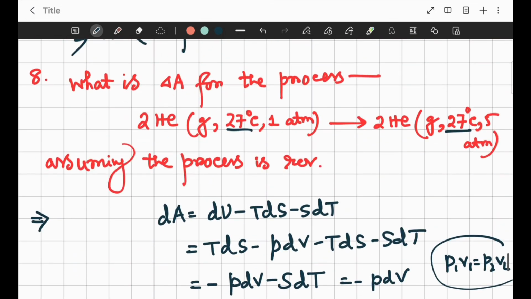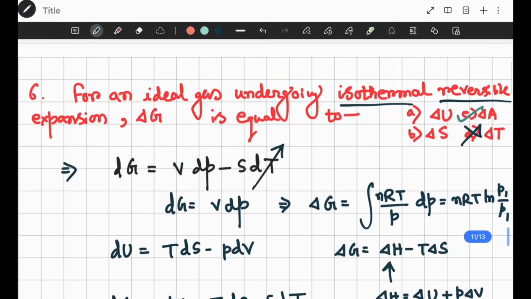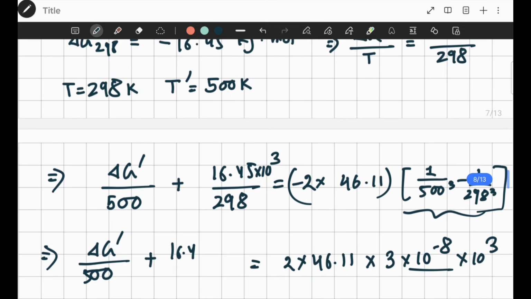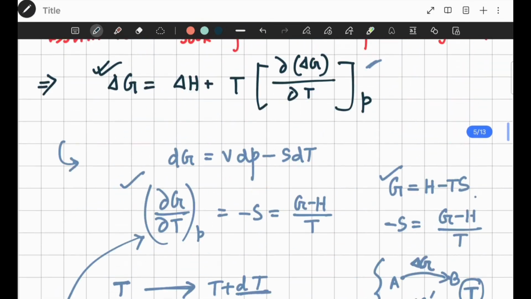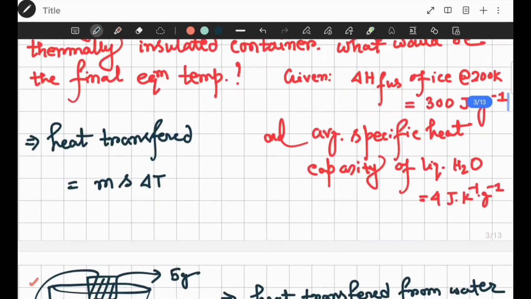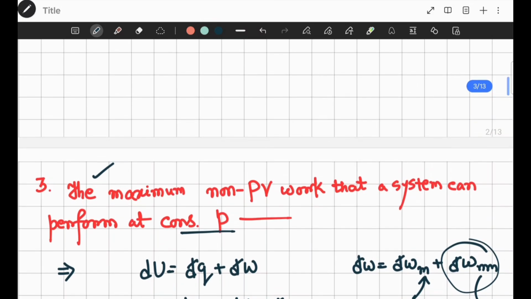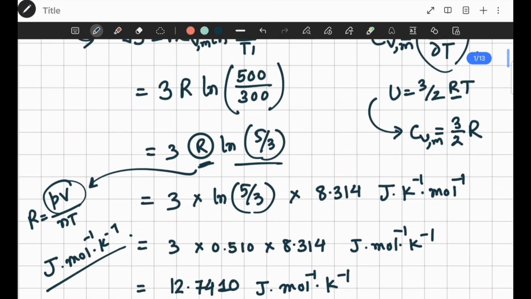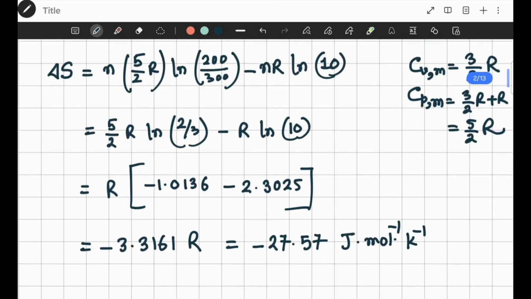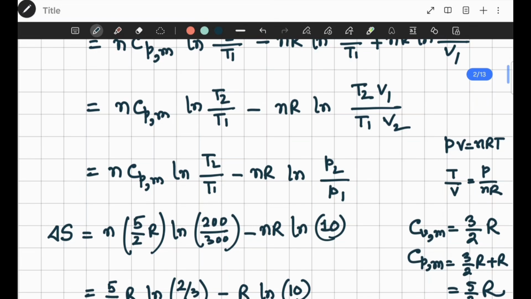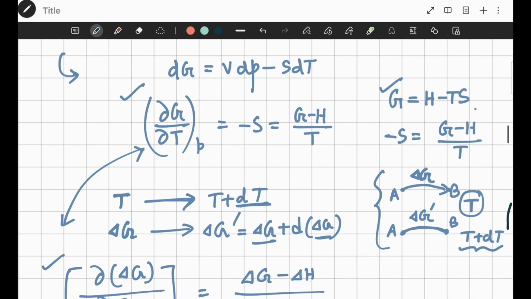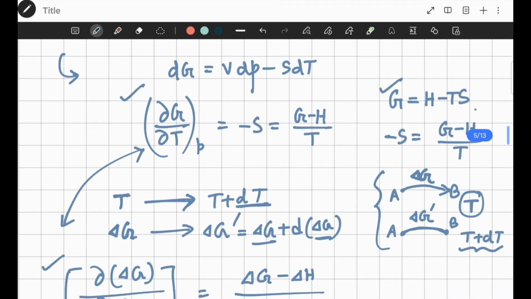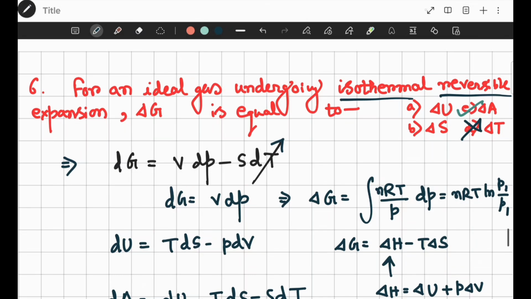Yeah, because this we have already done before, so we can check what was our, yes, perfect.